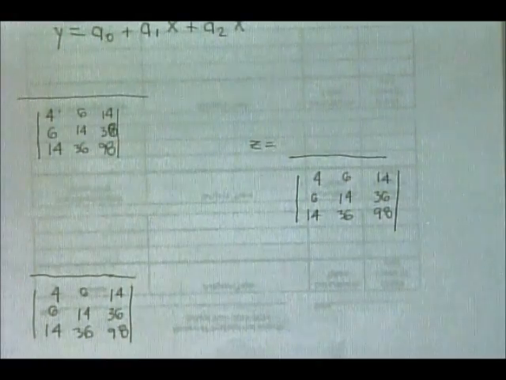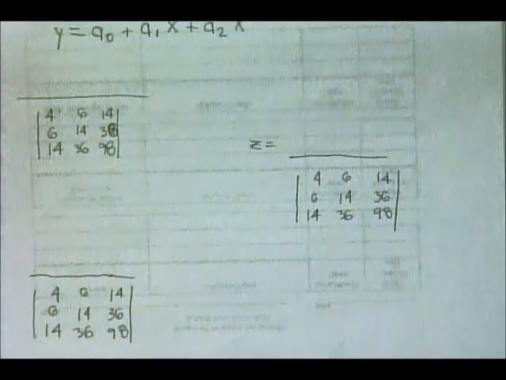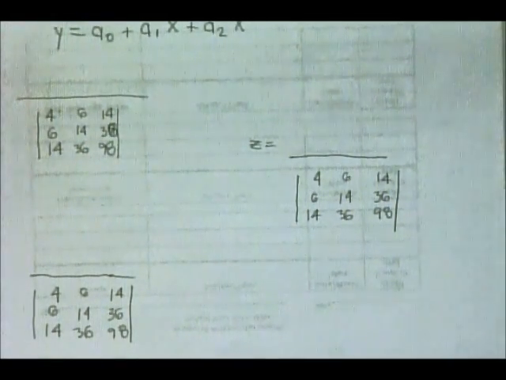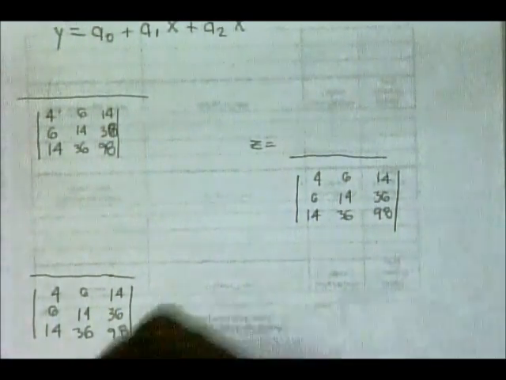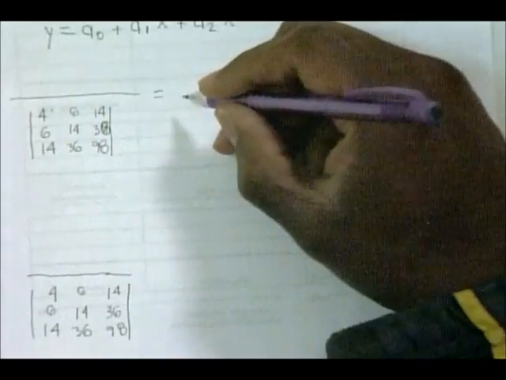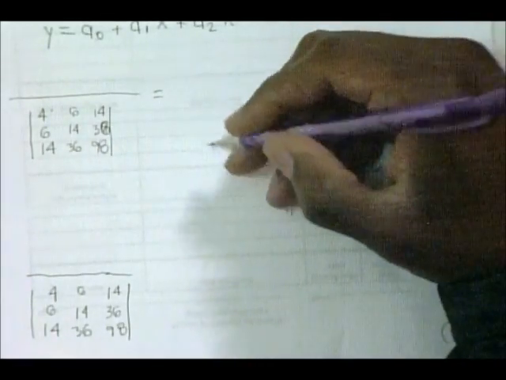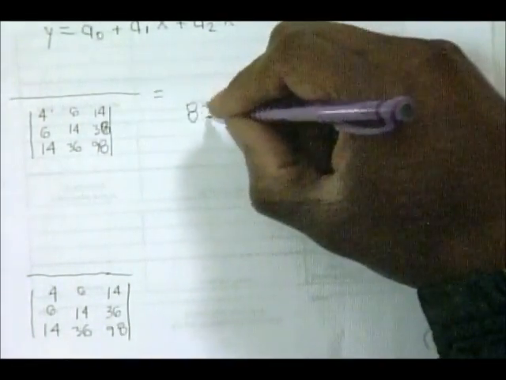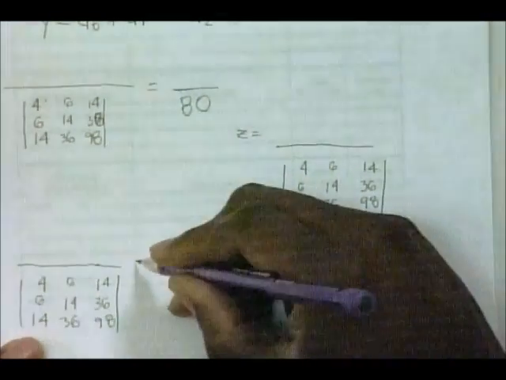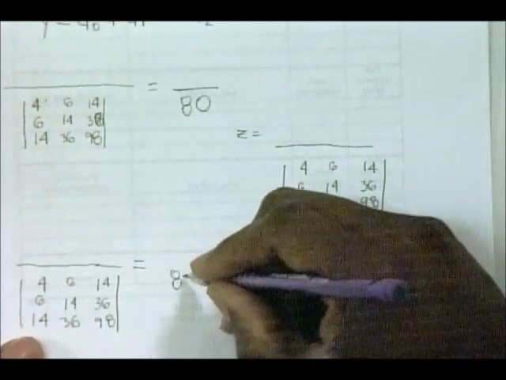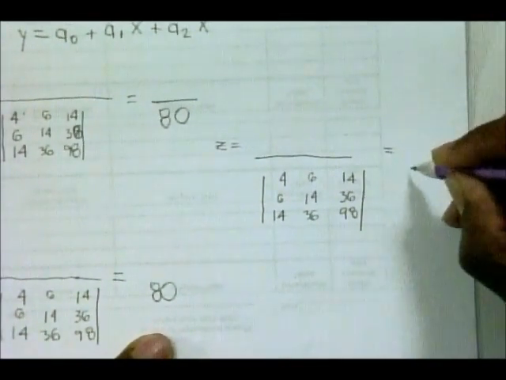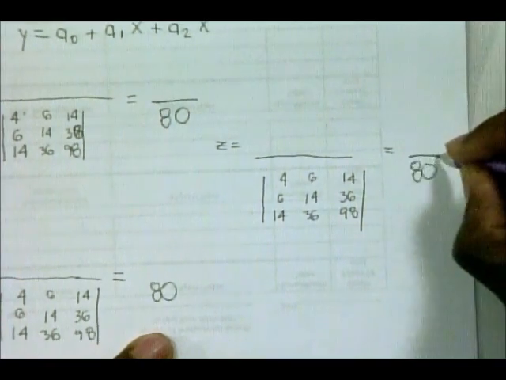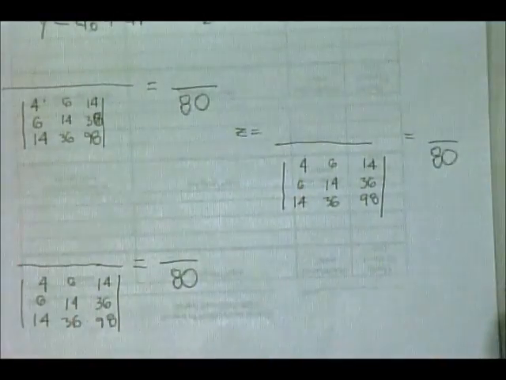But I've done this problem before the show started, and it turns out that the determinant of this matrix is 80. If we had time, we'd show you how we got that 80, but we don't have the time. The determinant is 80, so the denominator of each of these solutions is 80.